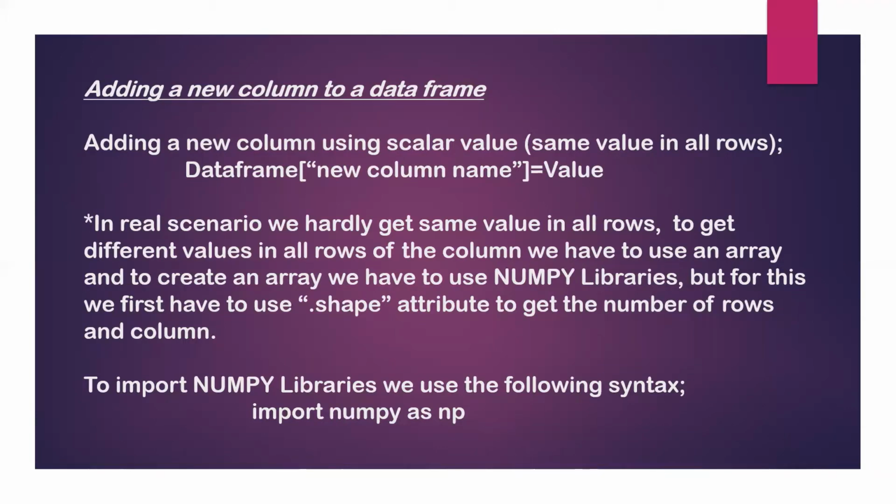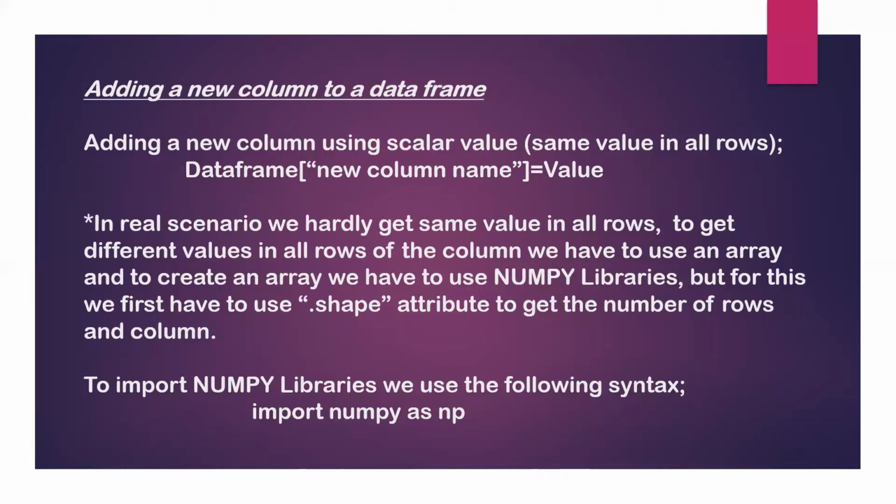To do so, we will type the name of the data frame and just call an imaginary column which we want to add in our data frame, and give an equals to sign and the value we want to assign to that column. This method basically gives a scalar value to the new column.